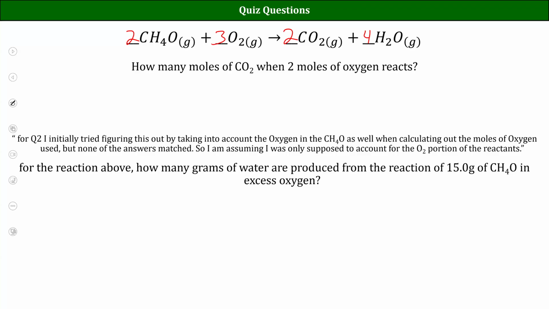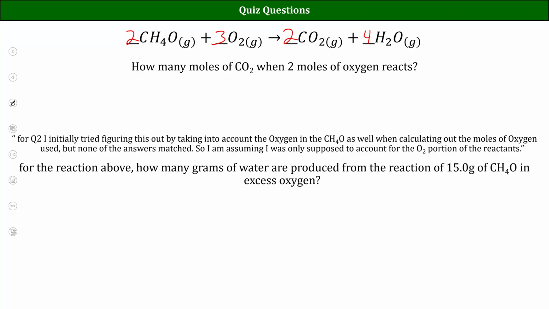How many moles of CO2 when 2 moles of oxygen reacts? So this also brings up another quiz question somebody asked. I didn't get specific with oxygen means O2 here. If I just say oxygen, that means O2. We're talking about the names of the compounds. This is one of the reasons why we learned our nomenclature before we got into the reactions.